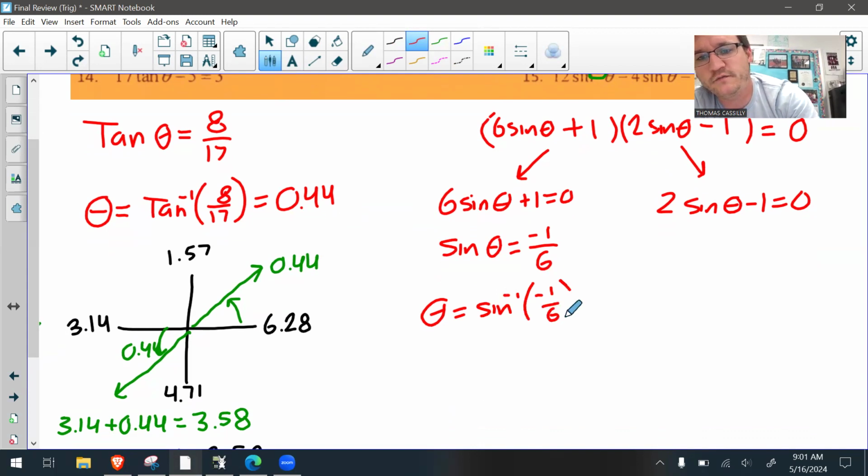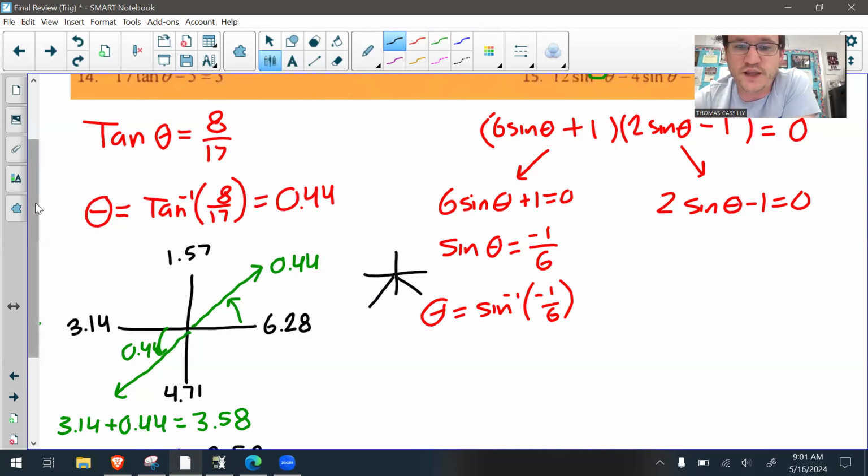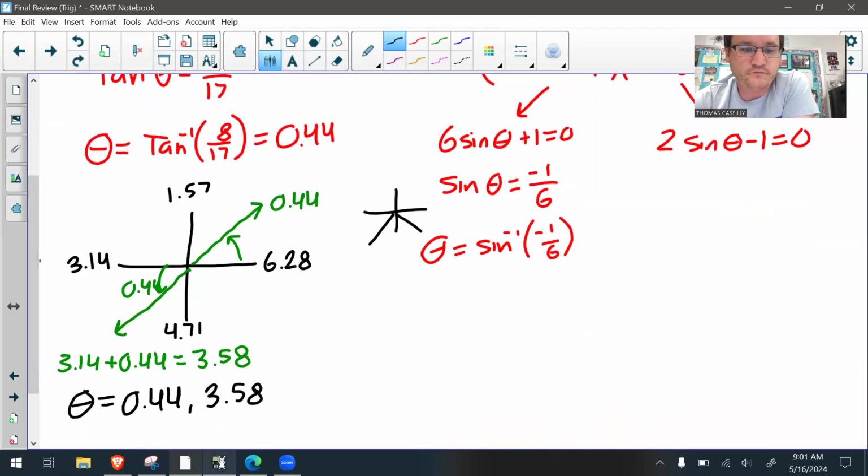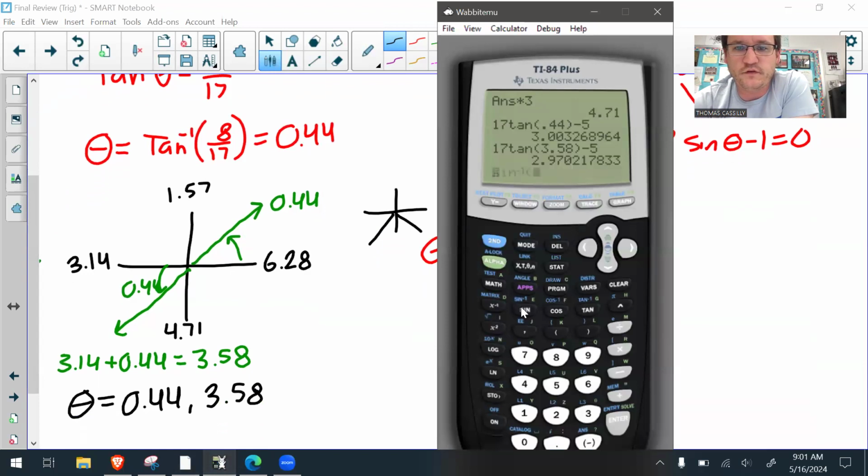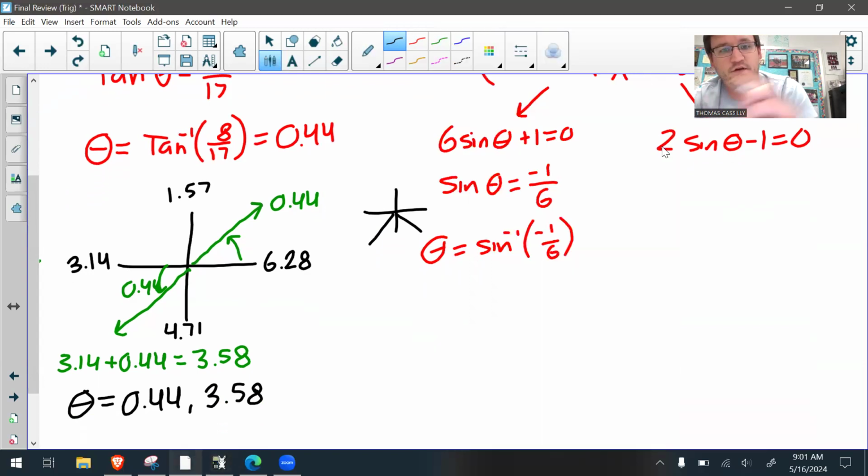That's a negative fraction, so where's that going to be as far as our quadrants go? Sine is negative in the bottom two, so it's going to be negative in quadrant 3 and quadrant 4. The inverse sine of -1/6, what does that give us? -0.17.